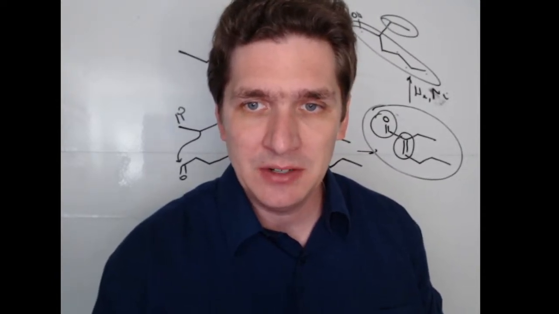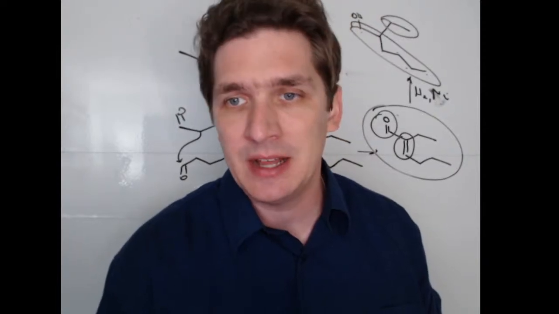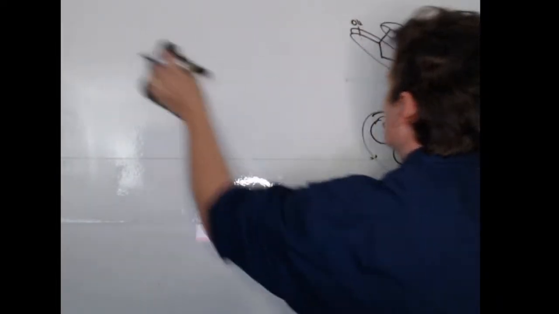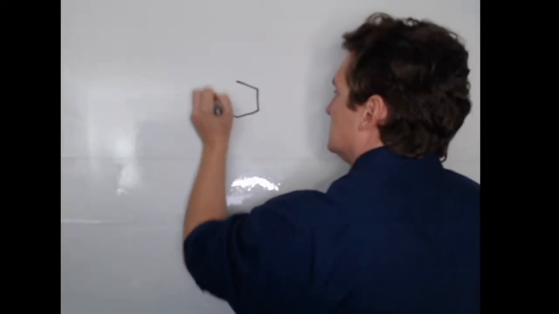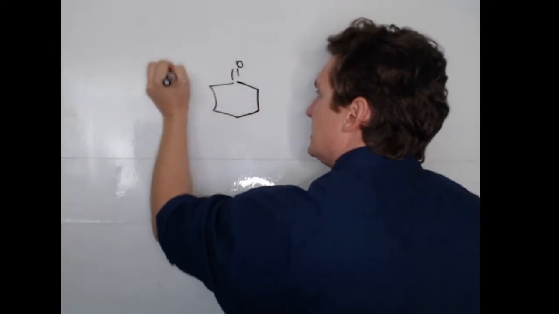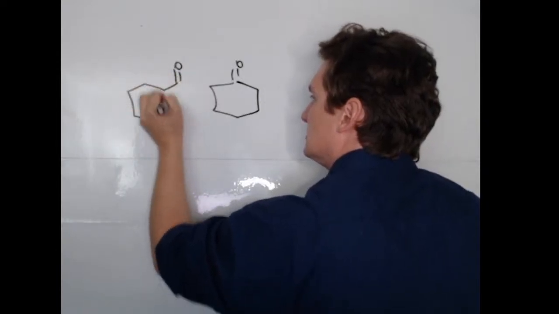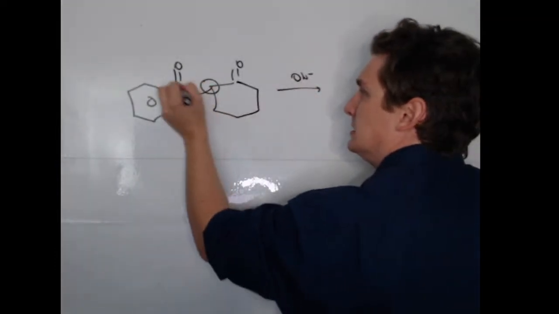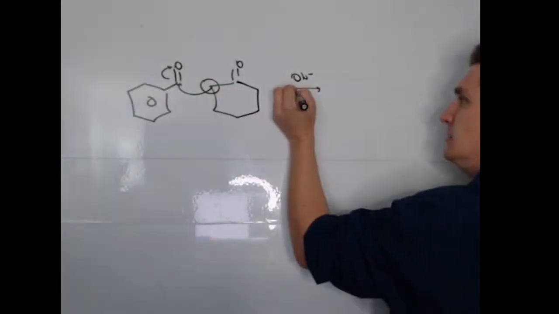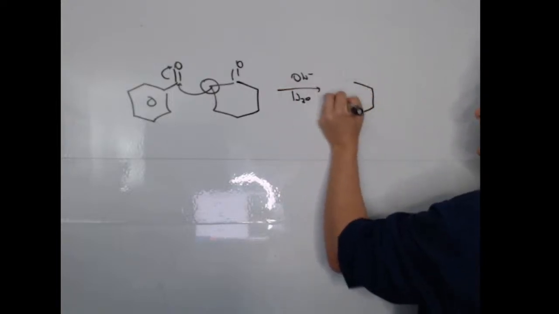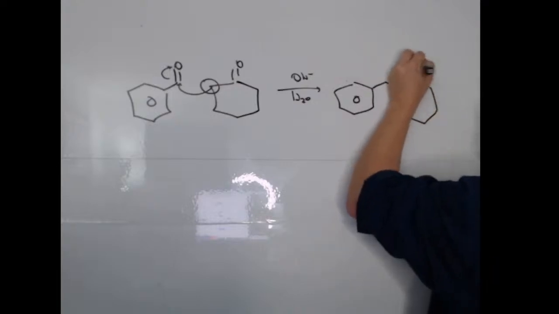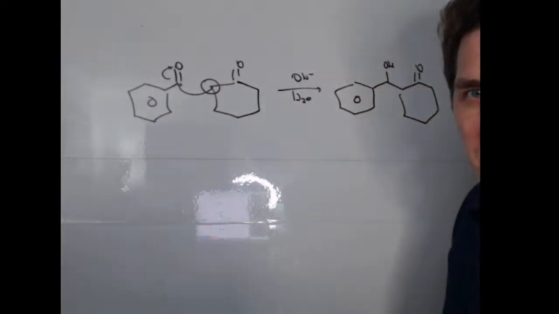Draw the structure of the mixed aldol condensation product of benzaldehyde with cyclohexanone. So if we have cyclohexanone and benzaldehyde, and we add our hydroxide, we're going to get an attack here, and with water present, we'll end up generating at first the aldol addition product, and then it's asking you for the condensation product.